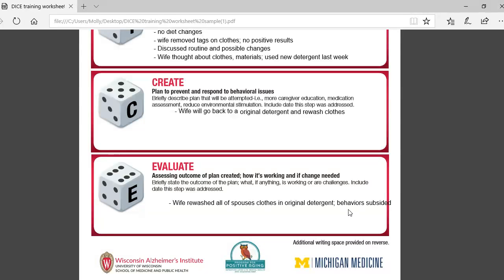So as you can see in this example, it is a simple, non-complex situation where DICE was used before it became a bigger issue. Had I or you or the caregiver not gone through these steps to address the issues of the care recipient, he may have become more agitated. He may have developed a rash because of that detergent.